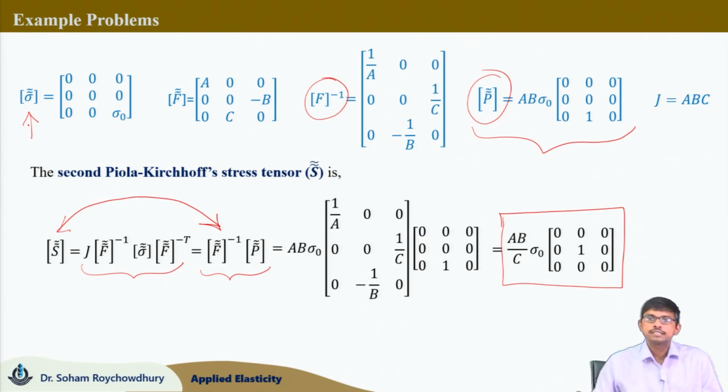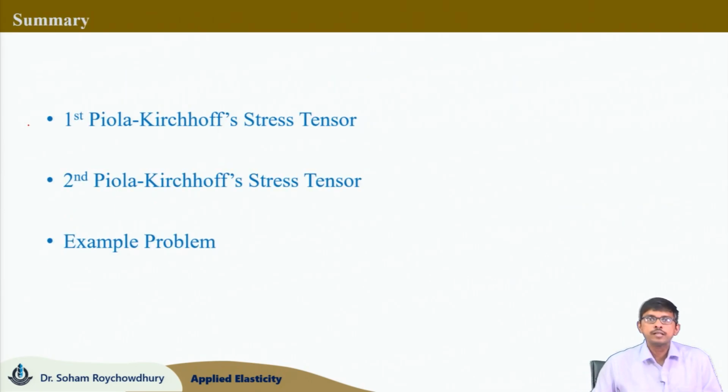So, in total in this lecture, we first introduced the concept of stress measures in the undeformed or initial configuration, involving both the first and second Piola-Kirchhoff stress tensors, and then solved a few example problems. Thank you.